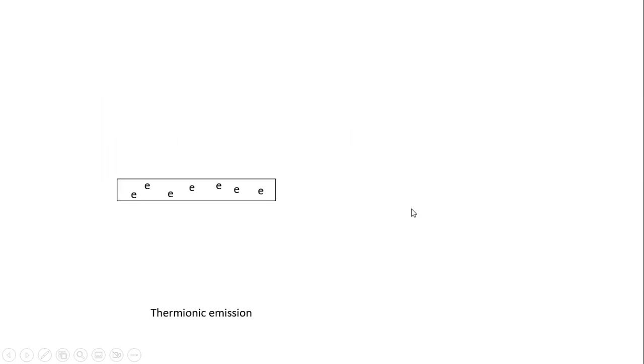If you see, in a conductor, there are conduction electrons. The conduction electrons are the ones responsible for it to conduct current. If you have a metal and you heat it up, heat is actually energy.